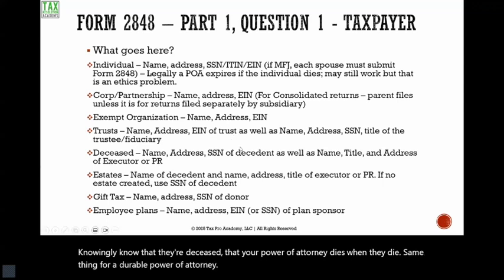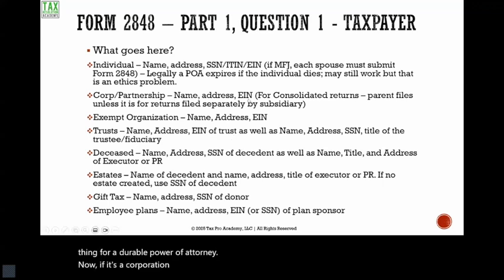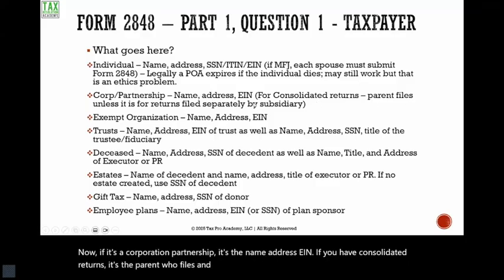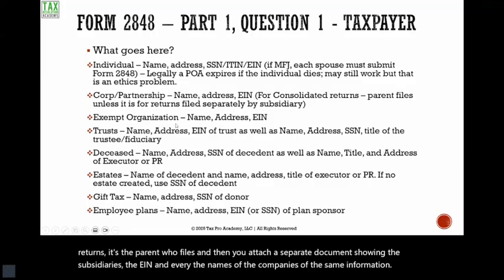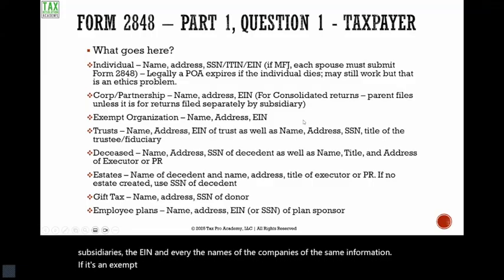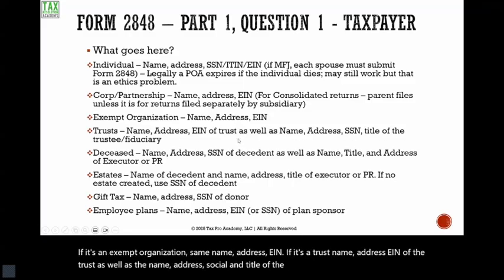Now, if it's a corporation or partnership, it's the name, address, EIN. If you have consolidated returns, it's the parent who files, and then you attach a separate document showing the subsidiaries, the EINs, and the names of the companies, the same information. If it's an exempt organization, same: name, address, EIN. If it's a trust, name, address, EIN of the trust, as well as the name, address, social, and title of the trustee or fiduciary involved.